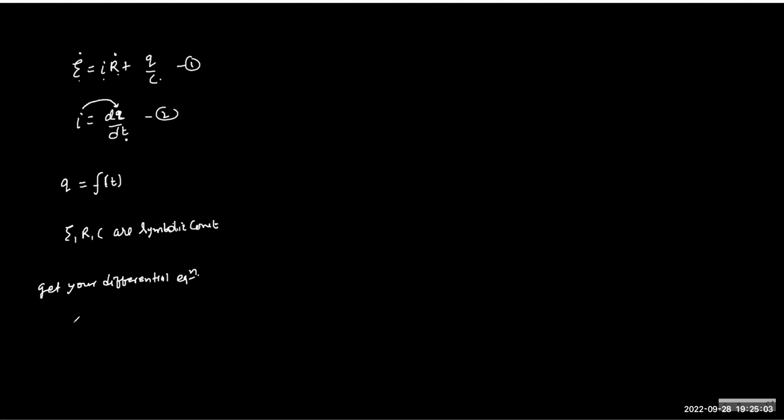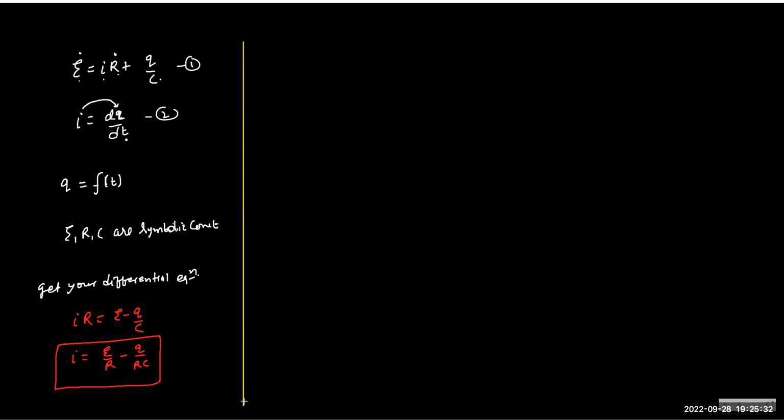You will rearrange the terms. So you can write I equals to E minus Q by C, and now I can write I equals to E by R minus Q by RC. And this is the differential equation. Do you realize why this is differential? Because I can further substitute by which relation? dq by dt.